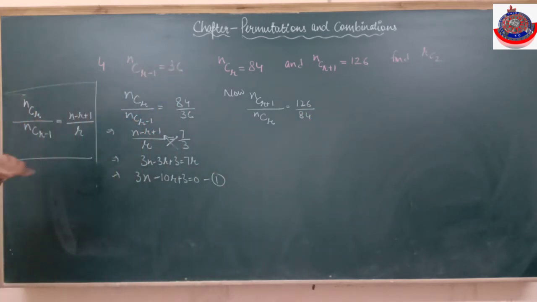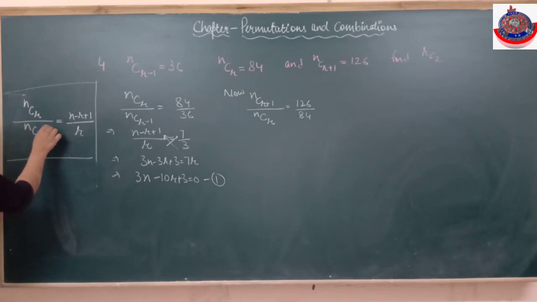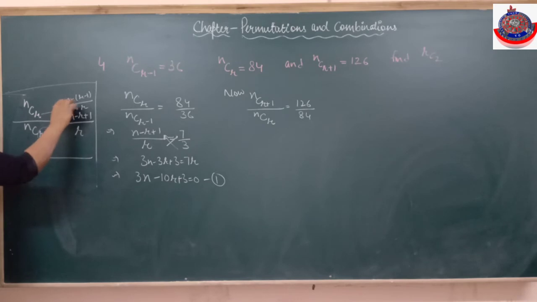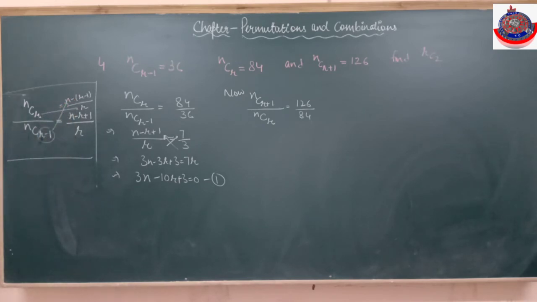What is the rule? From n, subtract this, and then this. n minus r, plus 1, and r is this, upon n minus r minus 1 upon r. This is what we have to do.